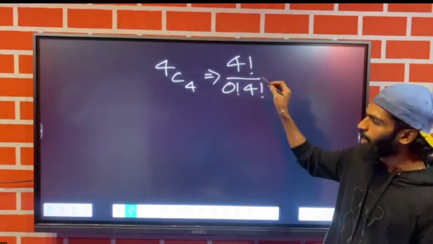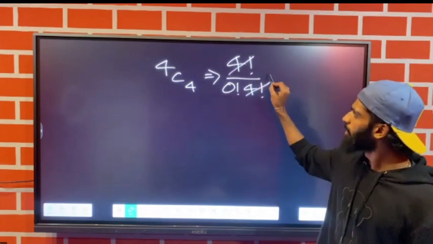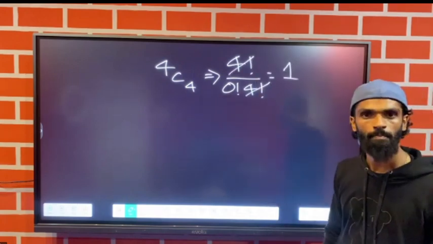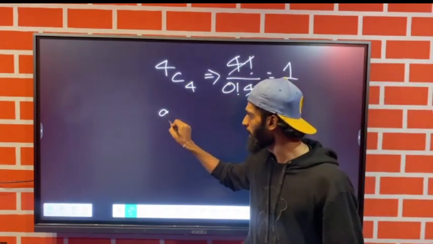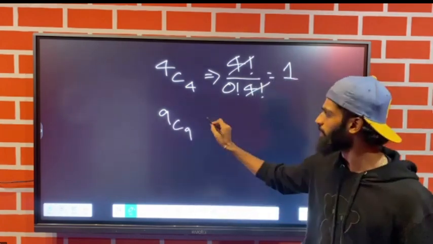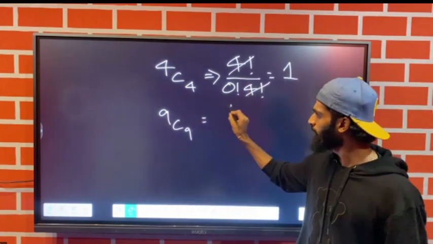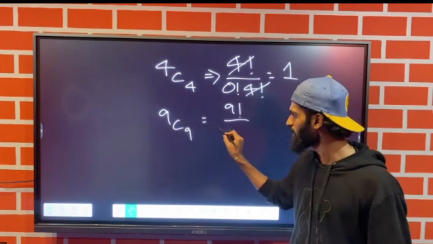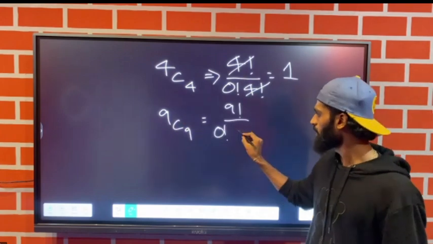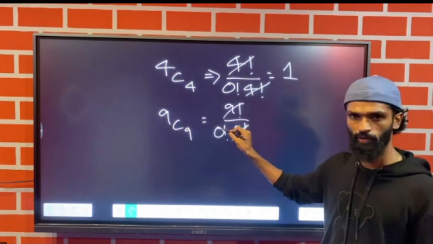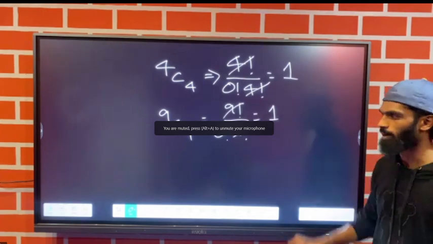Got it? I have read the formula. The answer is 1. Let's try one more, 9C9. 9 factorial as it is. What is 9 minus 9? 0 factorial. 9 factorial as it is. 0 factorial is 1. So 1.